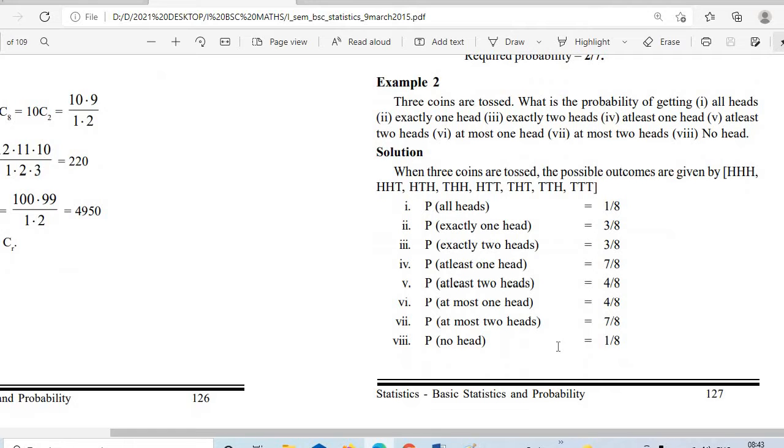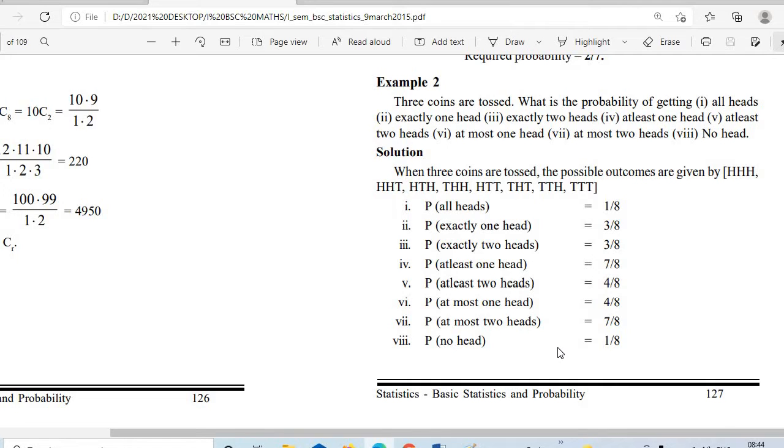Another example. 3 coins are tossed. What is the probability of getting all heads? Exactly 1 head, exactly 2 heads, at least 1 head, at least 2 heads, at most 1 head, at most 2 heads, no heads.